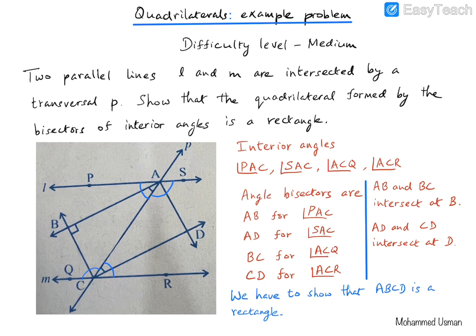Thereafter, we will prove that one of the angles of this parallelogram is 90 degrees, and we know from the theorem regarding parallelograms that if one of the angles is 90 degrees, then all the other angles will also be 90 degrees, and therefore that parallelogram will become a rectangle. So let's do that in the three steps. The first step, as I said, will be proving that the line AB is parallel to the line DC.